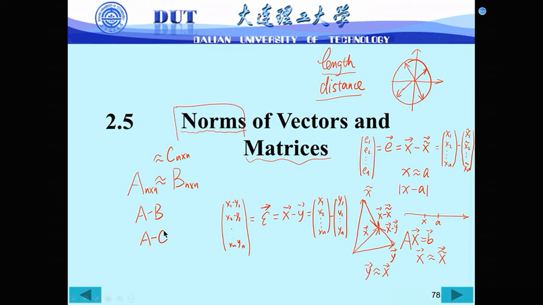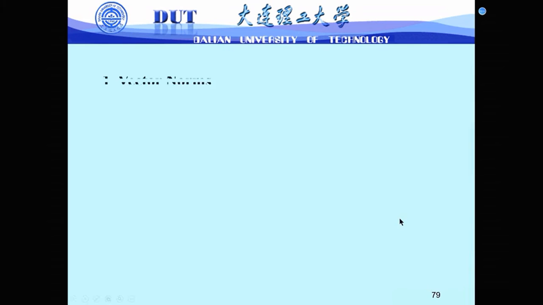So in this case, we need to consider the distance between two matrices, and we generalize it by norms. Okay, let's start from the case of vectors, the norms of vectors, or vector norms.